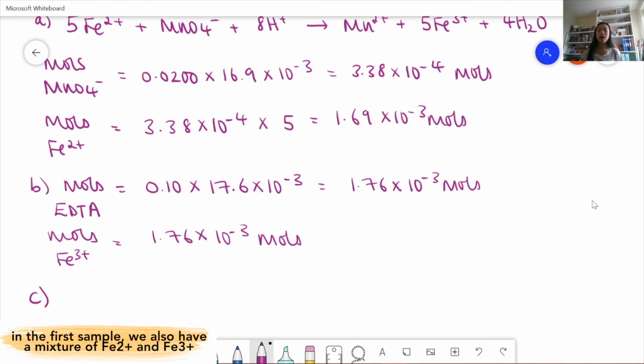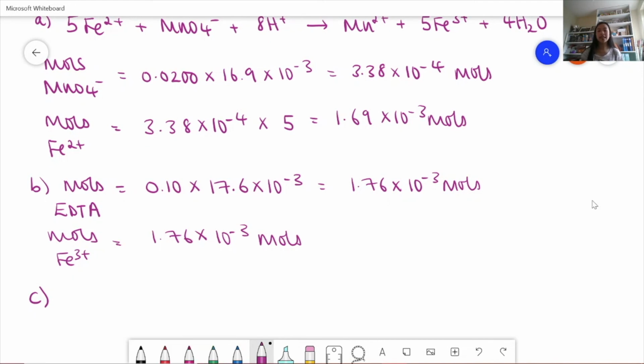This is the first sample. And in the second sample, we have a mixture of Fe2+ and Fe3+. And so when we added an oxidizing agent, it converted everything to Fe3+. And then we used EDTA4- to titrate the Fe3+ to find out how much Fe3+ we had.